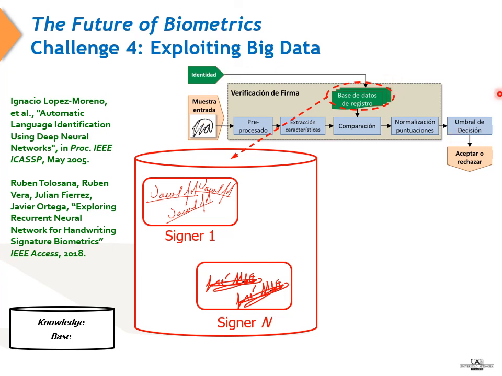In some cases, like face recognition, we now have public datasets in the order of millions of images. This is not public in all biometrics, so finding a good dataset for research and development of millions of fingerprints, for example, or signatures, is much more difficult. Only agencies like forensic agencies and national authorities have this kind of large-scale datasets.